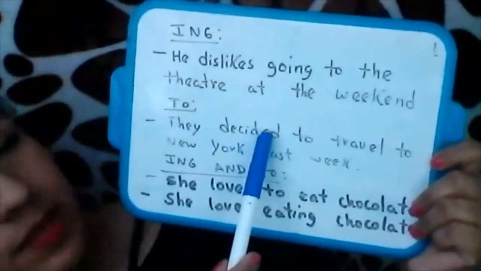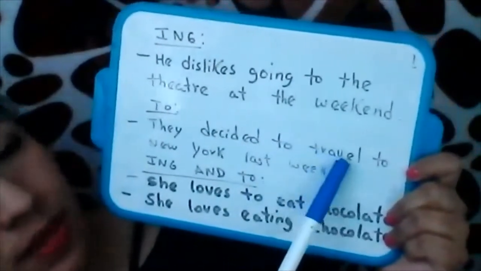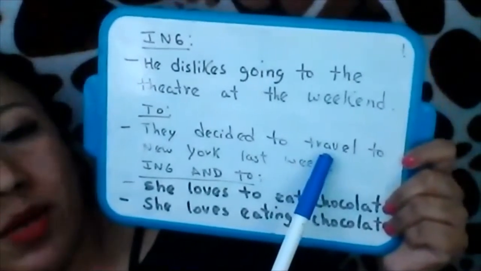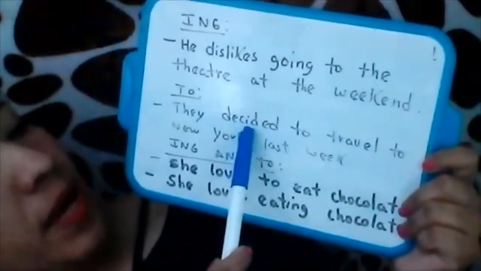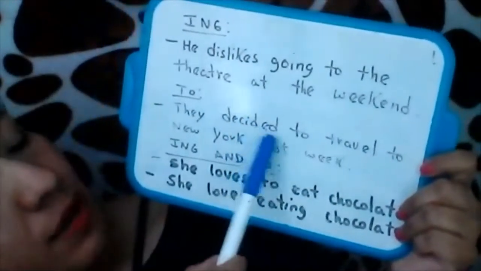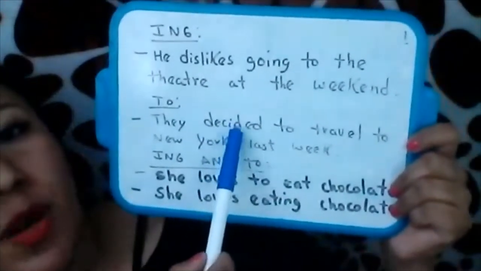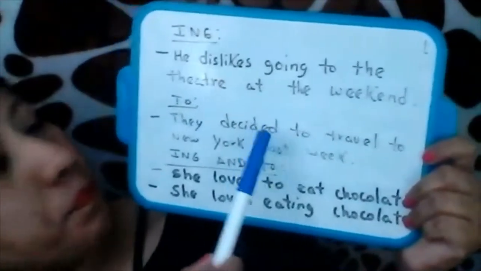So after decide, we have to use to plus another verb in infinitive. In some books, you have base form or infinitive. Okay. So well, in my case, I have here the past simple of decide. Decide is a regular verb that we just put only the ed, okay?